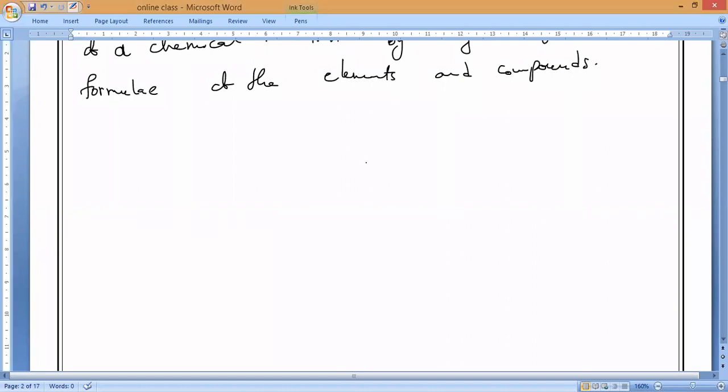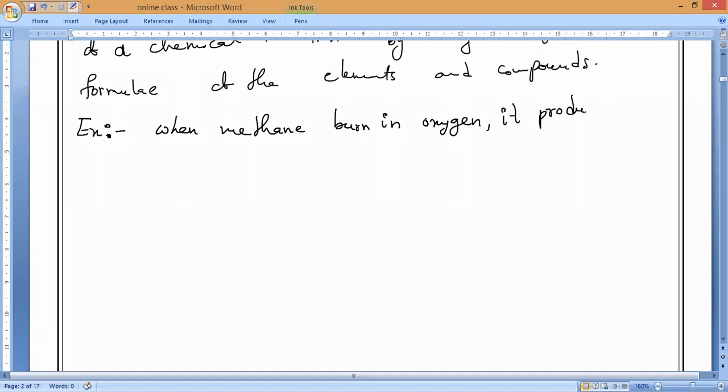Now, example, right? I will say the chemical reaction. You tell me the chemical equation. Let me see who will say. When methane burns in oxygen, it produces, what does it produce?